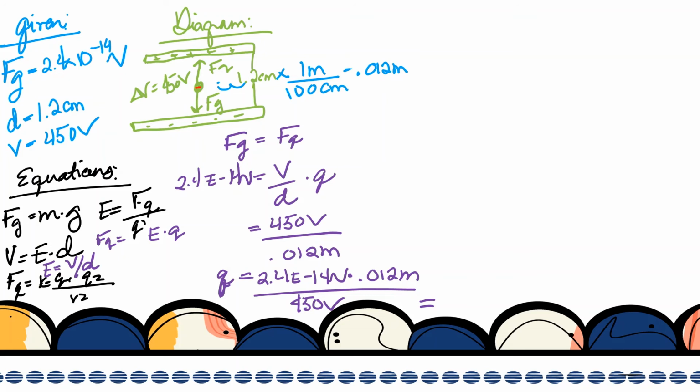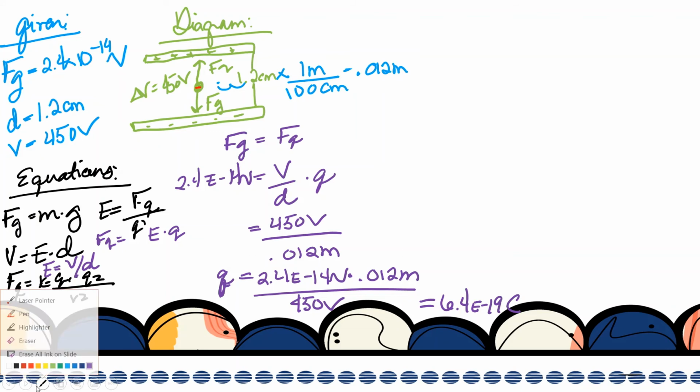Please remember, you can just press second, comma on the calculator to get the E, times 0.012 divided by 450. And I got 6.4 E negative 19 coulombs for the charge.